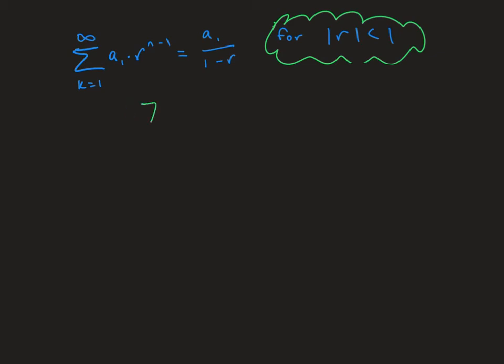That's 7 plus 7/3 plus 7/9 plus 7/27, and it's an infinite term. As you might be able to see, our common ratio is 1/3, which is less than 1, because each time we're multiplying by 1/3 to get our new term.